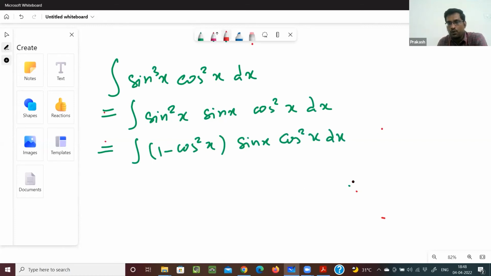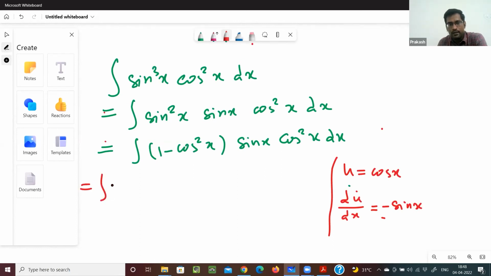Here we can take u equal to cos x. If we take u equal to cos x, then du by dx is minus sin x. Then this integral we can rewrite with 1 minus u square, since cos square is u square, and sin x dx we can rewrite as minus du. Just substitute here.